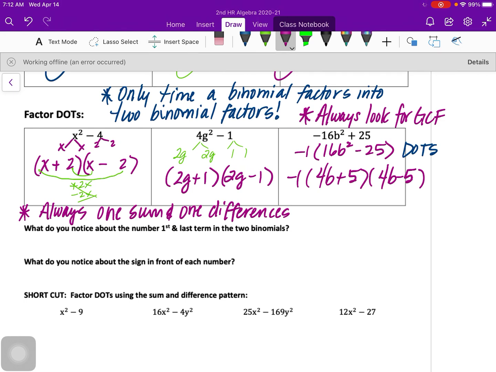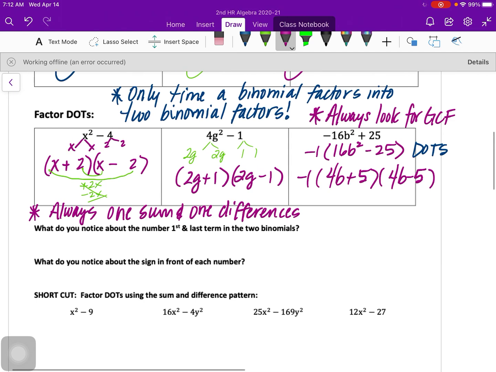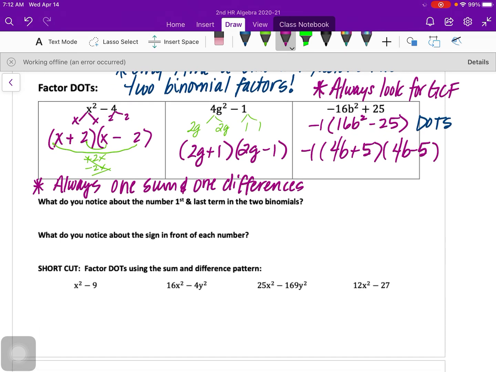Okay, so some questions for you really quick, and I kind of already explained a little bit of this, so this is just really clarification at this point. What do you notice about the first and the last term in the two binomials? And hopefully you're noticing that you're always seeing the square root of the first and last term.